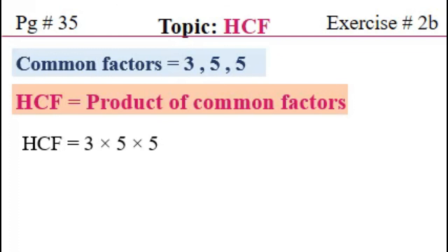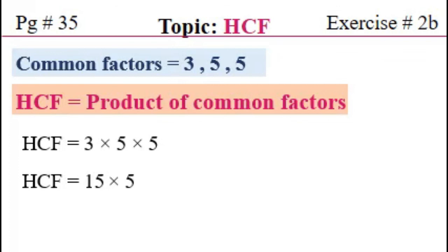Firstly, we'll multiply the first two numbers together. 3 times 5 will give us 15. And the third number will be written as it is. So 15 multiplied by 5. I hope everyone knows the table of 15 and we can simply write the product of 15 and 5.